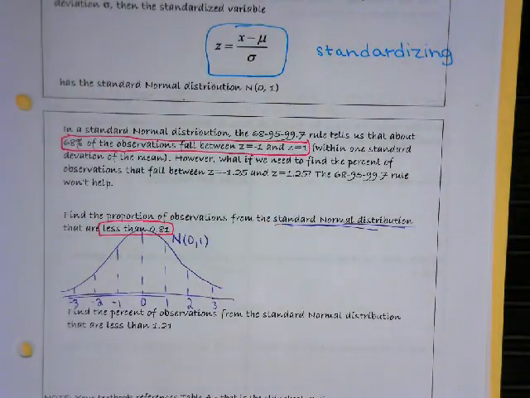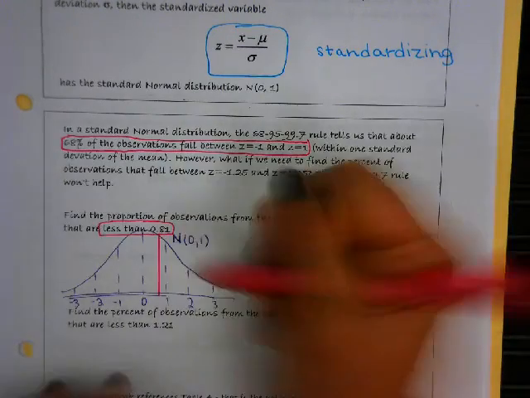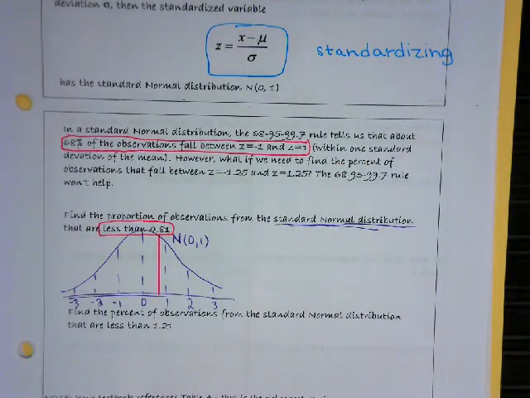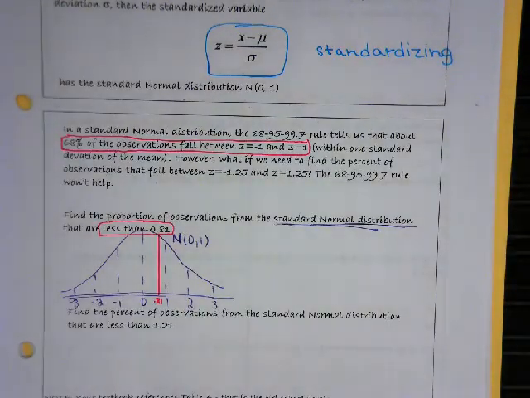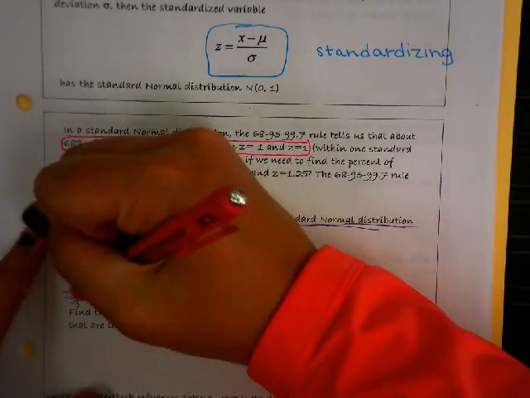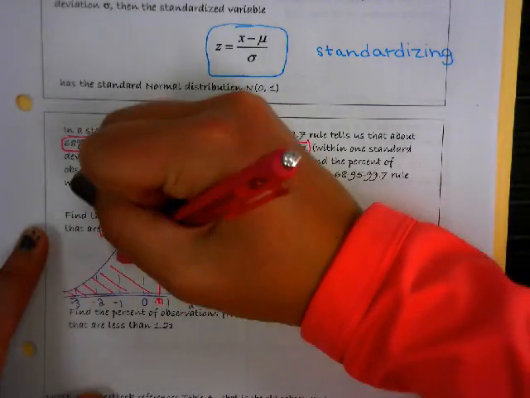I want to find the proportion less than, so I'm going to shade everything that is less than 0.81, so to the left. And then we let the calculator do the work for us.